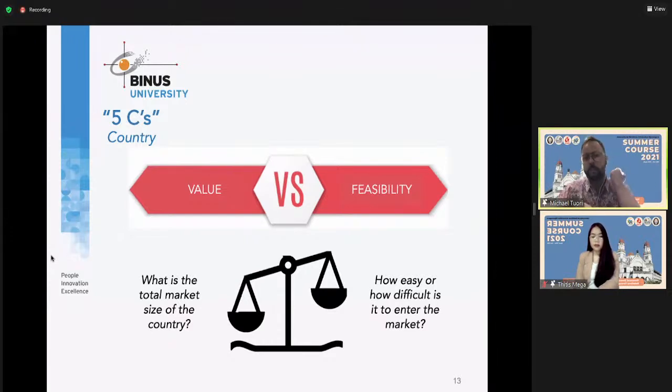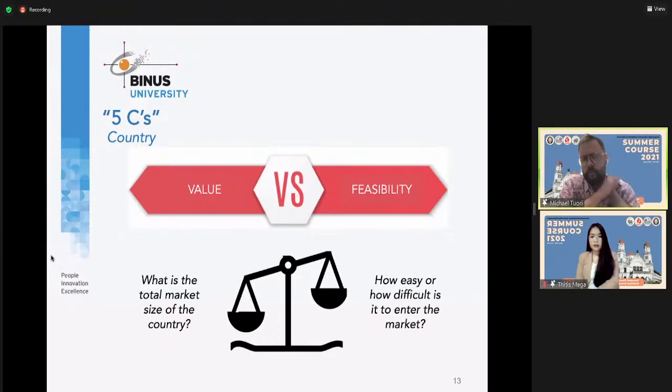And usually if we're a small company and we're just starting to go abroad, we focus on feasibility first. So we might choose Singapore over China just because it's going to be easier for us, and we can enter there first, gain experience, and then enter the harder market later. So we focus on feasibility first and value later.